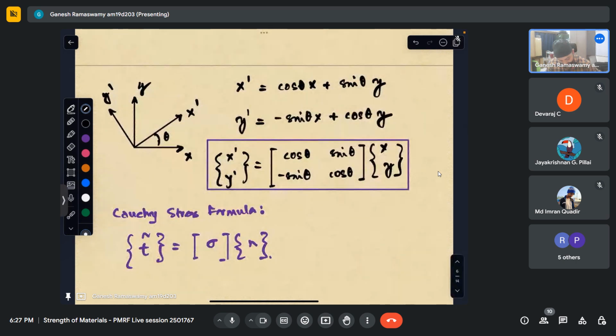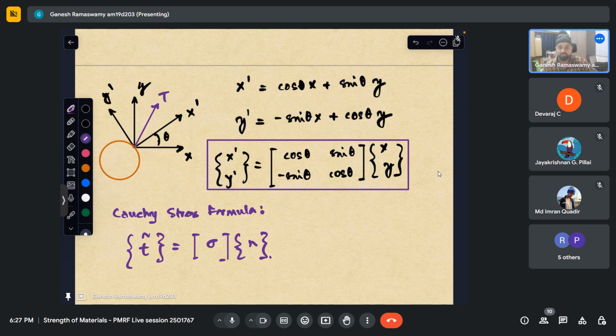I'll take a body, and at that point the normal that I have cut is along x prime, and it has a traction vector like that, let us say.